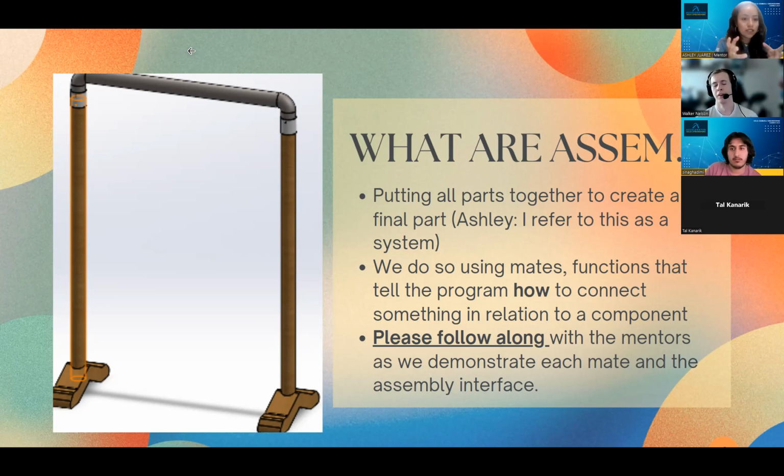The glue to this system is called the mates. Mates are the directions we give SolidWorks to tell it how to work. Mates to me were a little confusing because I didn't understand that it was basically geometry. But that's what we'll be going over right now. As I do the example, I ask you to follow along as well.